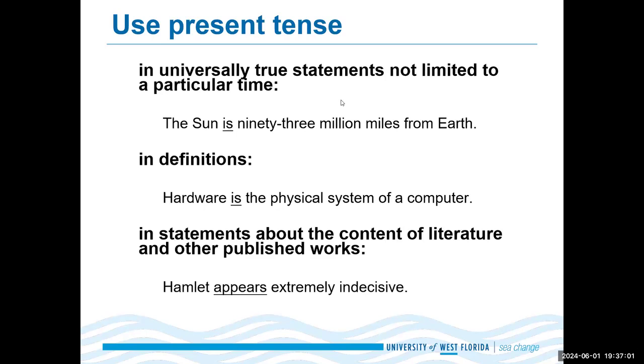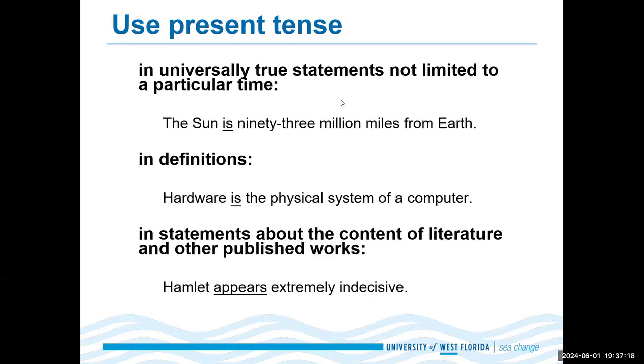Okay. In statements about the content of literature and other published works, that's also in the present form of the verb. Hamlet appears extremely indecisive.